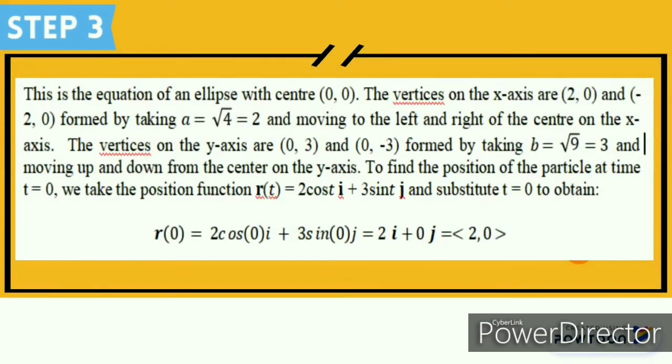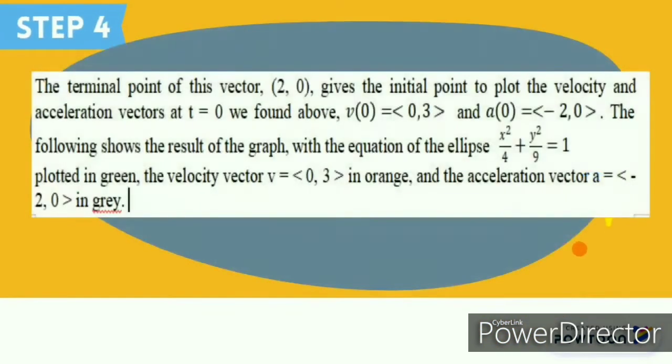To find the position of the particle at time t equal to 0, we need to take the position function of r, which is 2 cos t i plus 3 sin t j, and substitute with t equal to 0 to obtain the position 2, 0. The terminal point of this vector 2, 0 give the initial point to plot the velocity and acceleration vectors at t equal to 0.